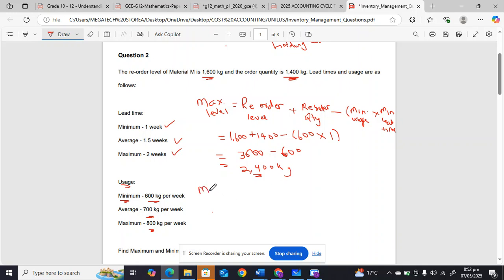All right. Now we have to find the minimum level. The minimum level is the reorder level minus average usage times the average lead time.